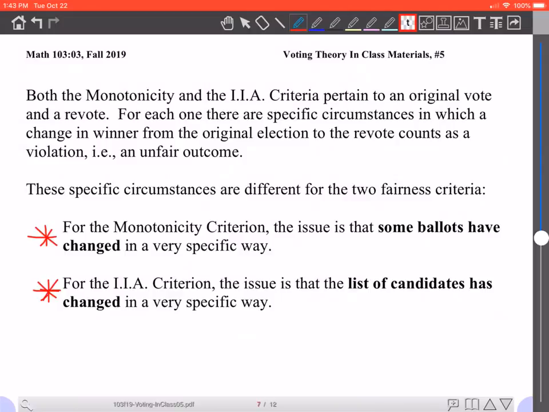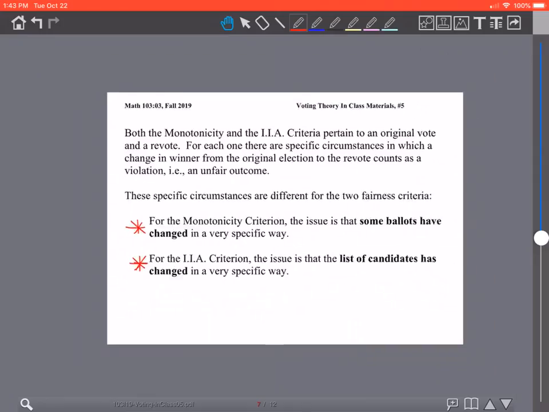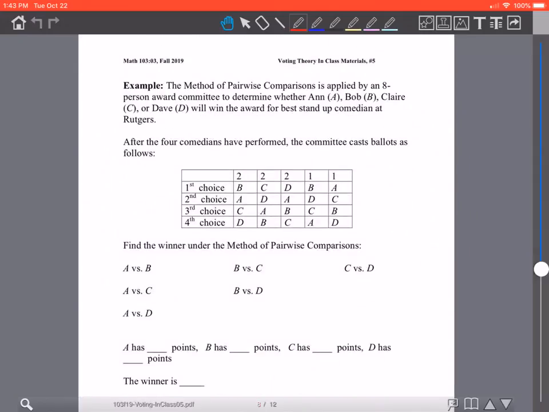So it's the candidates that are making a change in the revote, either by disqualification or by removing themselves from the race, or for some other reason they're not part of the revote. Now remember, it's a non-winner that has to drop out or get disqualified. It can't be the original winner of the election, or else that's not an application of the IIA criterion. Okay? Just keep that in mind.